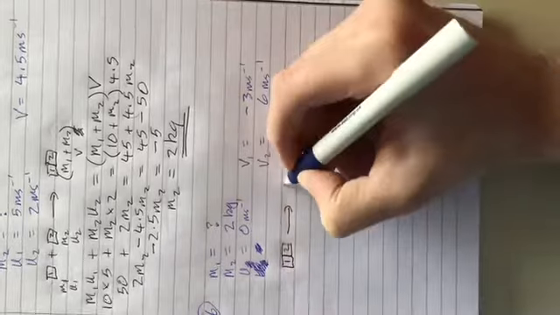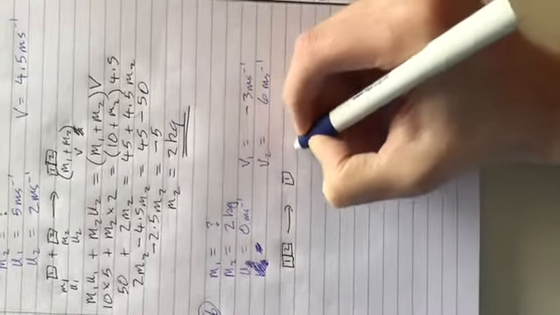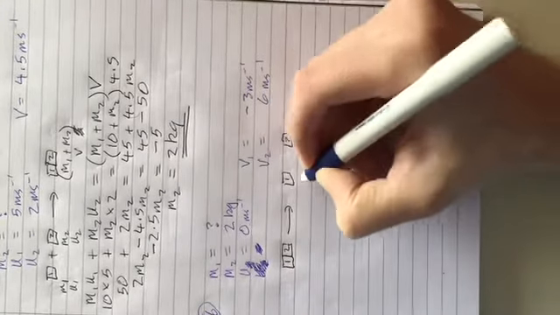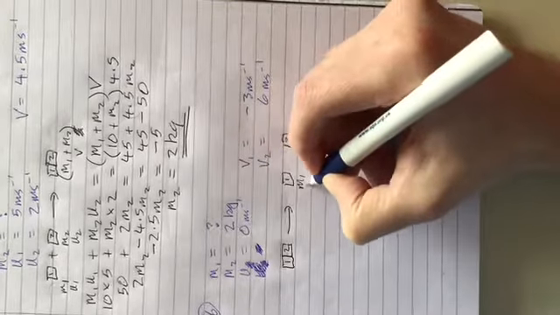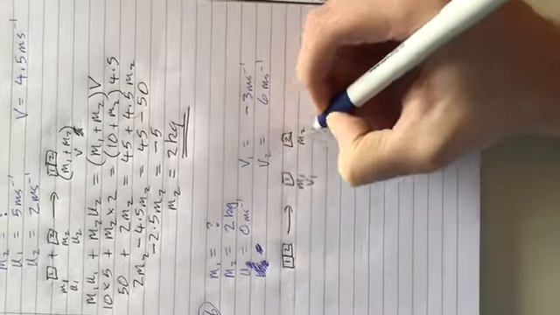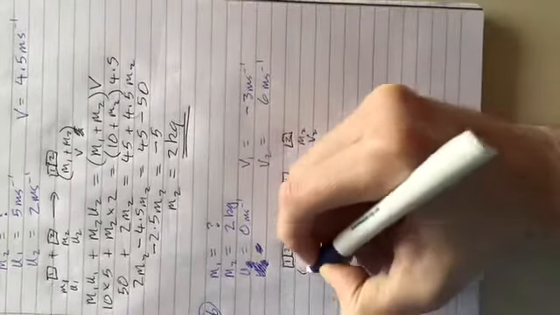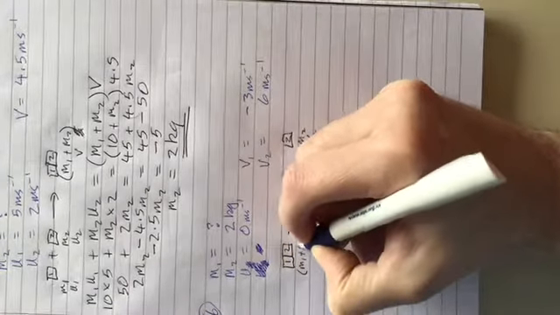And we'll get a velocity for one object, a velocity for another object.